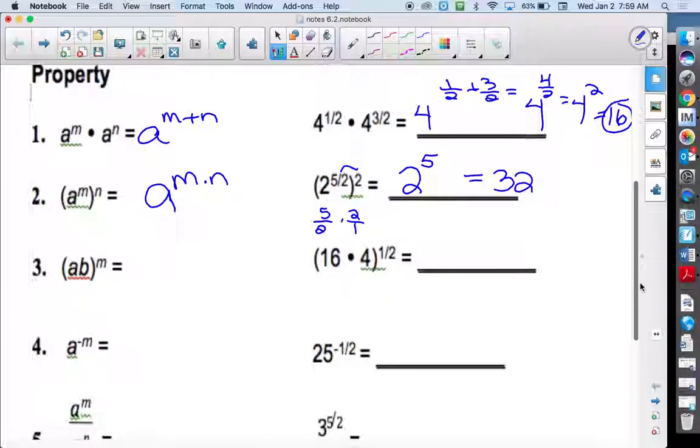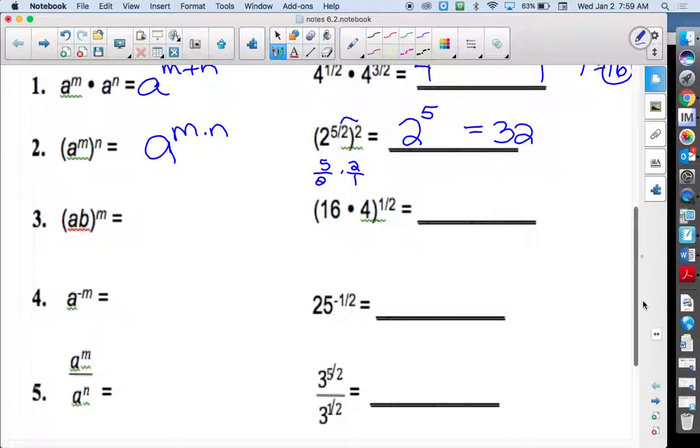Number 3, we have AB inside to the exponent of m. Mackenzie Myers, do you remember what happens with that one? You distribute it. Yeah. So distribute to both A and B. So if we're using that property and distributing it to both, we have 16 to the 1/2 times 4 to the 1/2. And those are exponents.